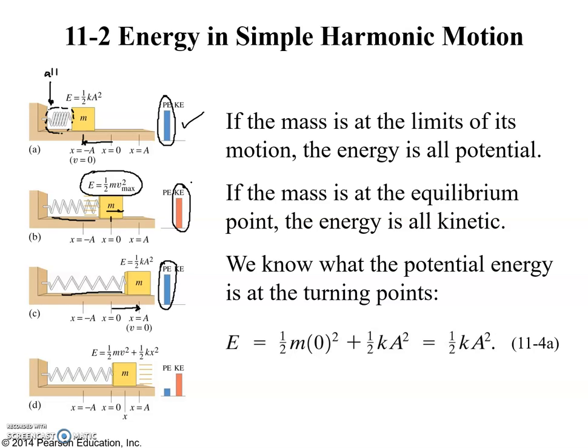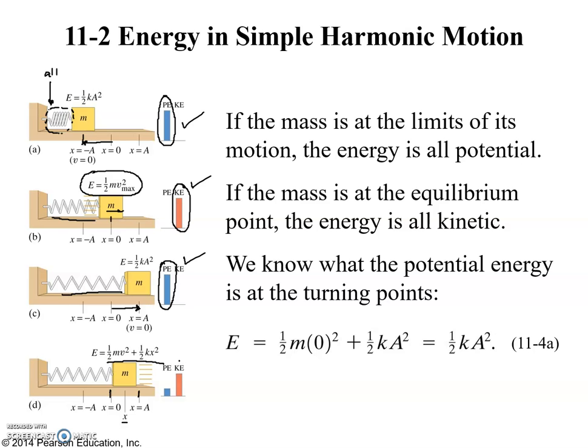So these points are where it's easiest to calculate the total amount of energy in the system, when it's either 100% potential or 100% kinetic. At every other point in time, where the box is somewhere in between the point where the spring is relaxed or completely stretched out, at some other random position x, then the energy is going to be a combination of both potential and kinetic energy.